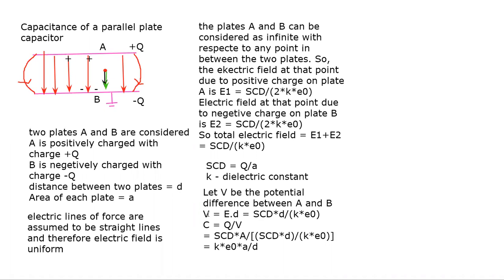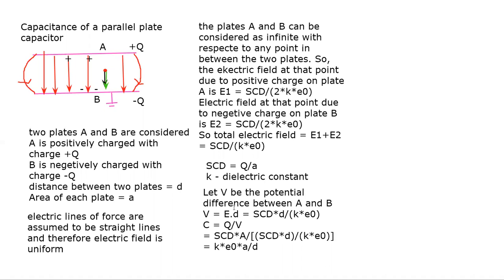We have already derived that the force acting on a unit charge is nothing but the intensity of that electric field. So the potential between the plates is equal to the intensity of the electric field into the distance. Now, we have assumed that the electric field was constant. So V will be equal to E into D.